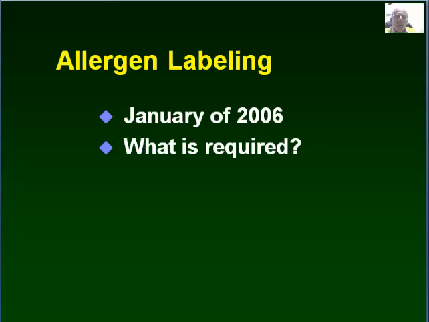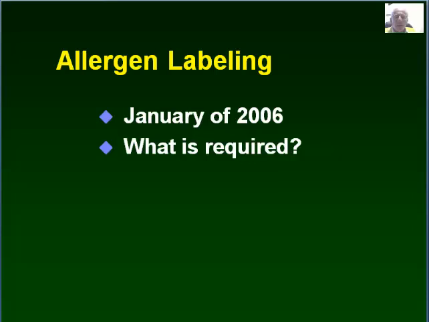Allergen labeling came about in January of 2006. What is required? Remember, any of you who have a food allergy probably pay attention to the allergy labeling statements on food products.